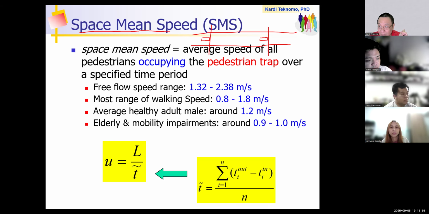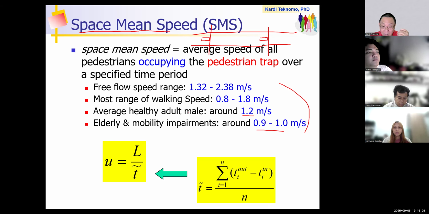These are typical values for pedestrians, around 1.2 normally. For the elderly, around 0.9, 0.8. Now for vehicles, around 30 to 40 kilometers per hour in a normal road.